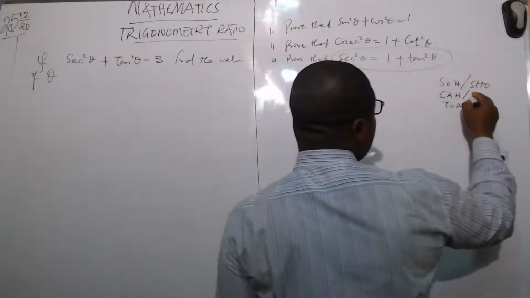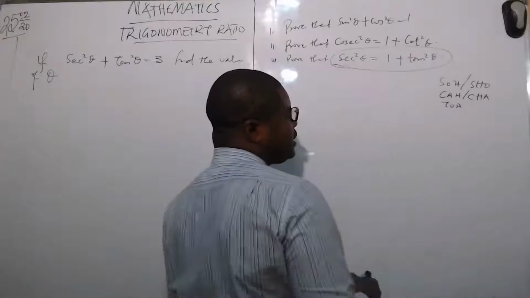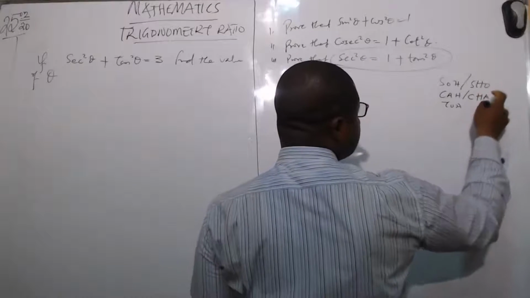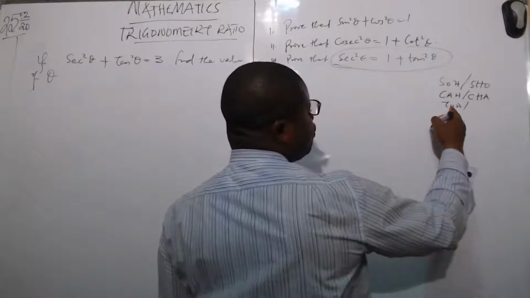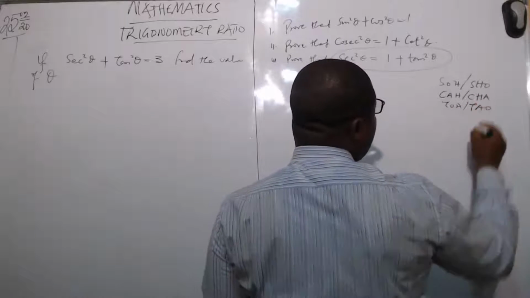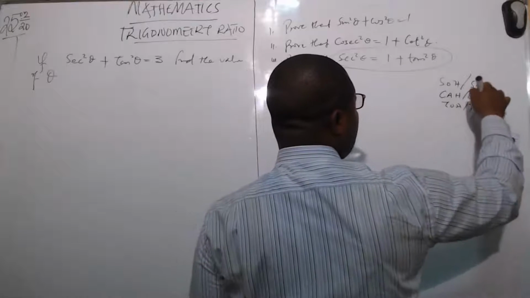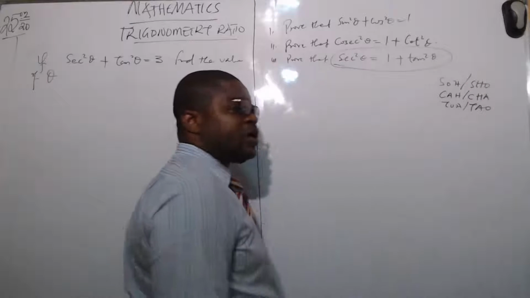The inverse of it will be sec, that is hypotenuse over adjacent. Opposite over adjacent is tan, and the inverse is cot.